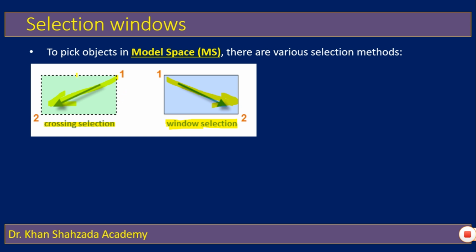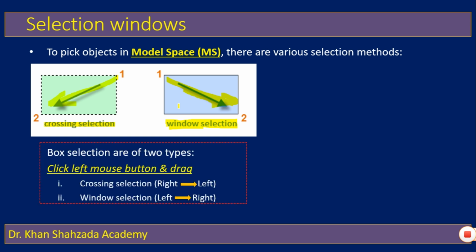The function of these two types of selection is different. In case of crossing selection, if an object is just touching the window, then the object will be selected. However, in case of window selection, an object will be selected only if that object is completely inside the window. I will show these functions and commands in the projects for better explanation.